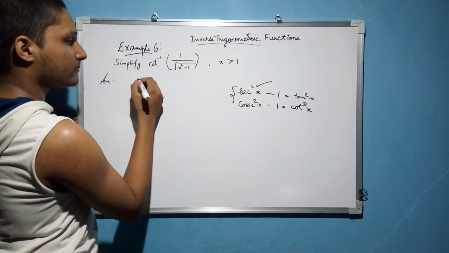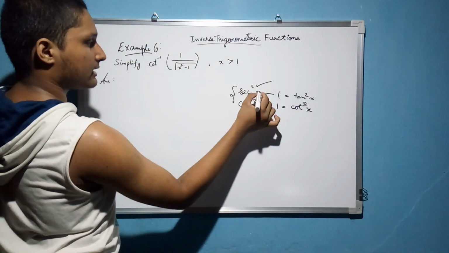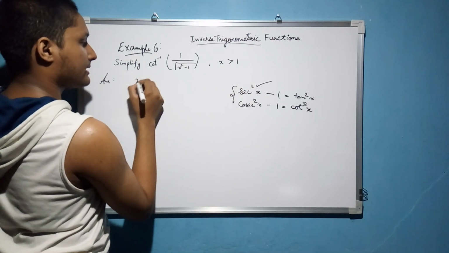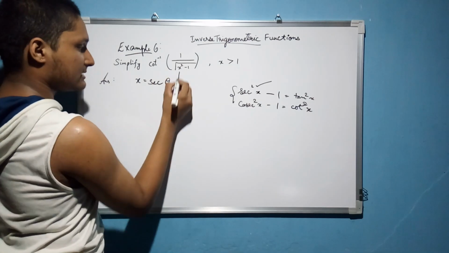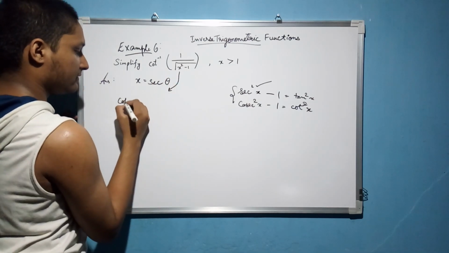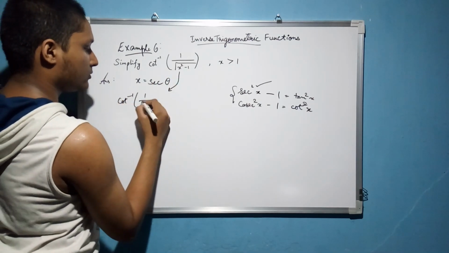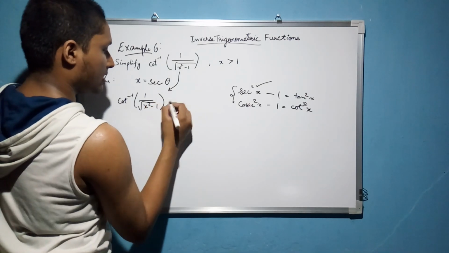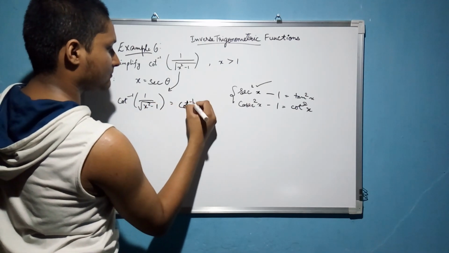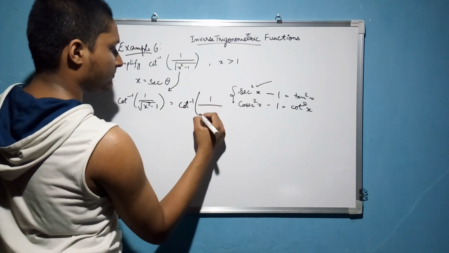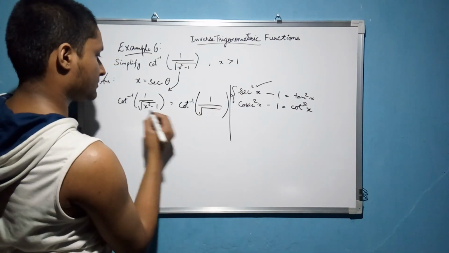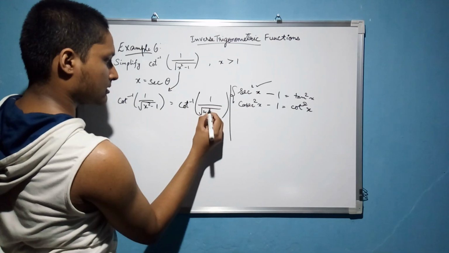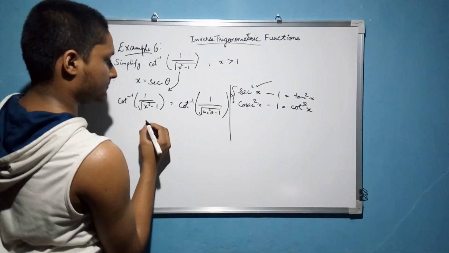So we'll substitute, let x be equal to sec theta. So what does this become? Cot inverse 1 by root of x square minus 1 becomes cot inverse 1 by root of sec square theta minus 1.